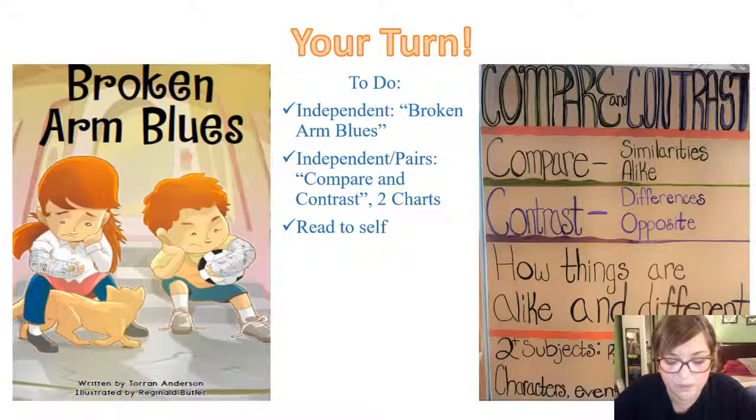And number 2 says, compare each character having a broken arm. What did each one have trouble with on their own, and what troubles did they share? So what were things that were hard for both of them, and what were things that one of them had trouble with that the other didn't?